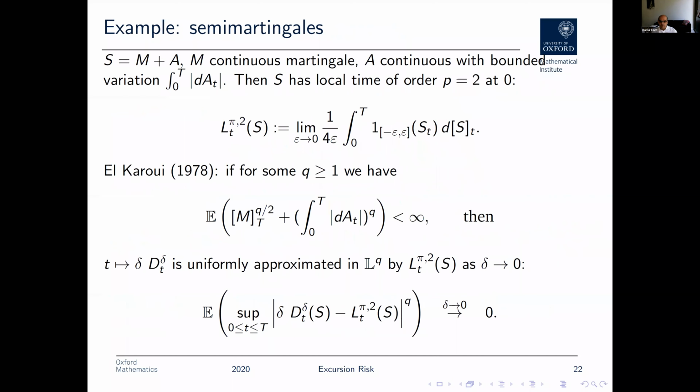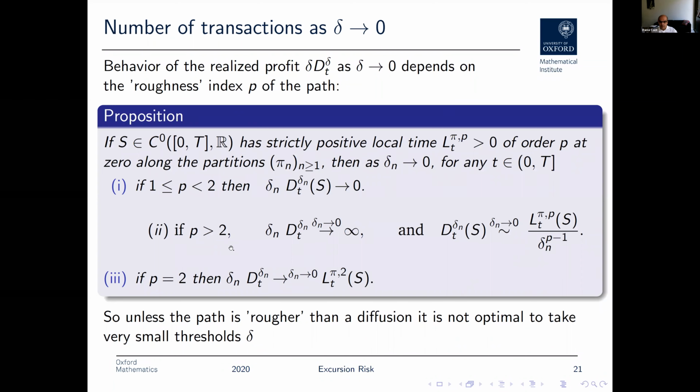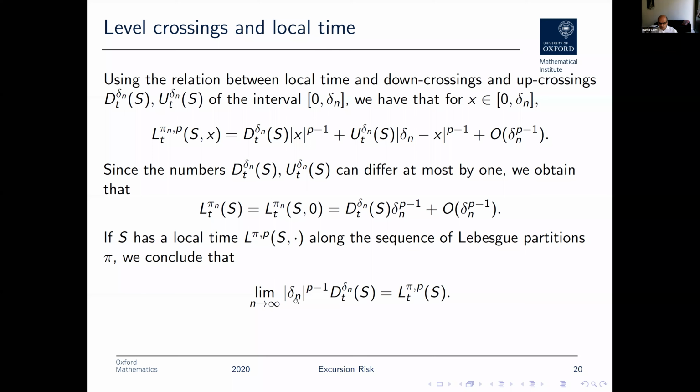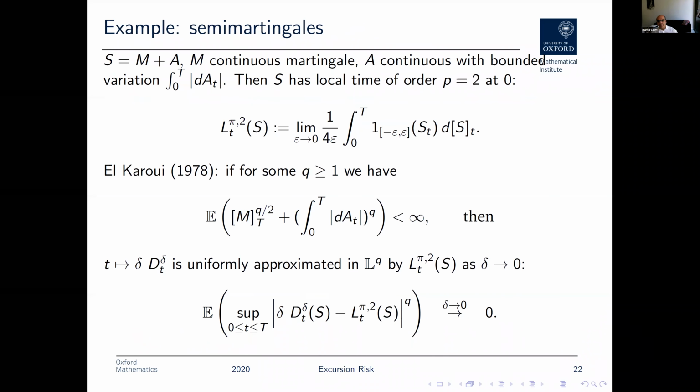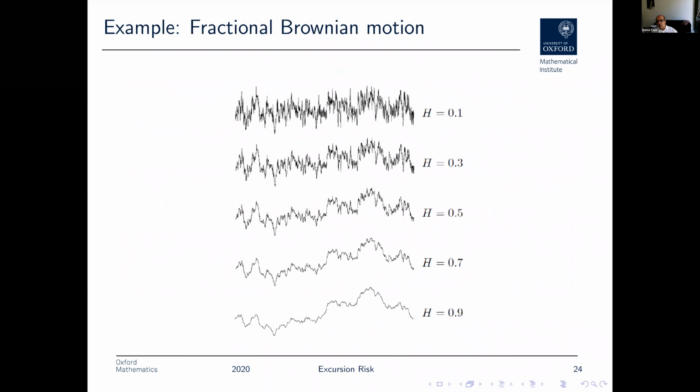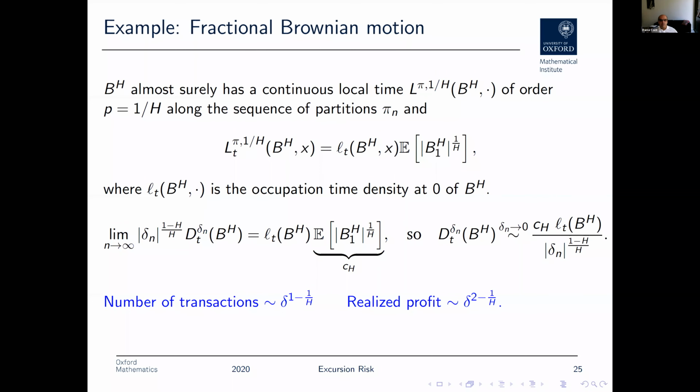So remember, the result states that you have this asymptotics, delta to the p minus 1 times the number of crossings has a limit, and in this case p is equal to 1 over h, so delta to the p minus 1 is delta to the (1 minus h) over h.